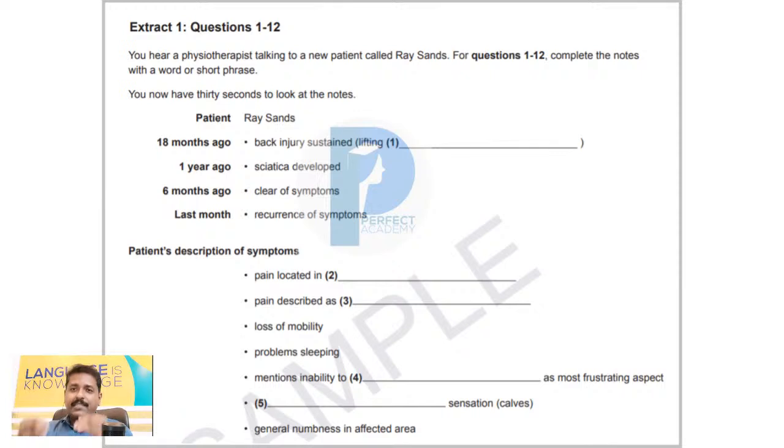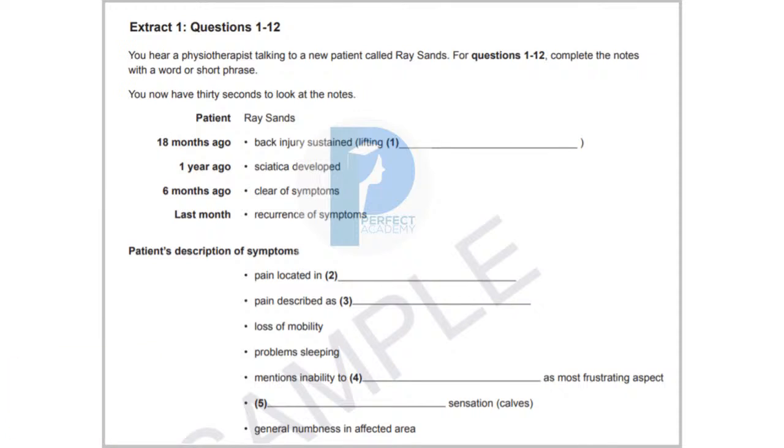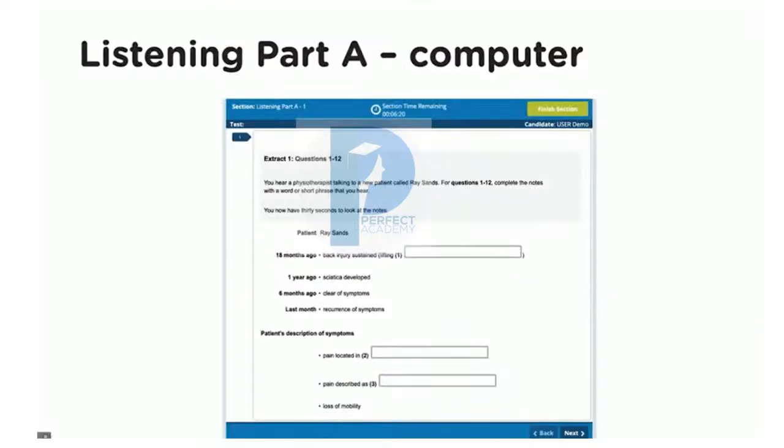So you have to understand these things, and according to what conversation they are saying, you have to fill in the gaps. In the computer test, it is something like this, and you just fill up the blanks. It's approximately the same as the pen and paper test.